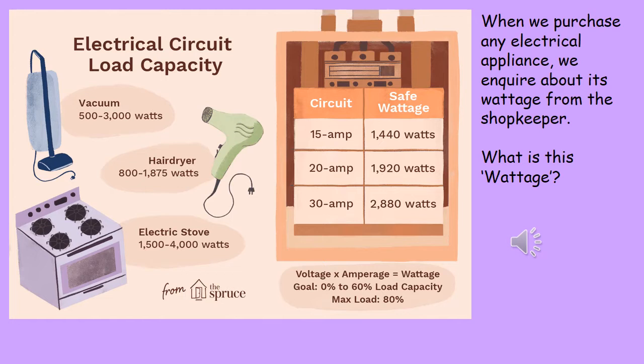What was the name of the scientist from whom the word watt came? Watt. It is the SI unit of a new physical quantity which we are going to learn today.